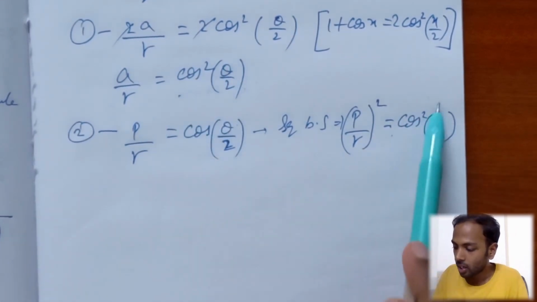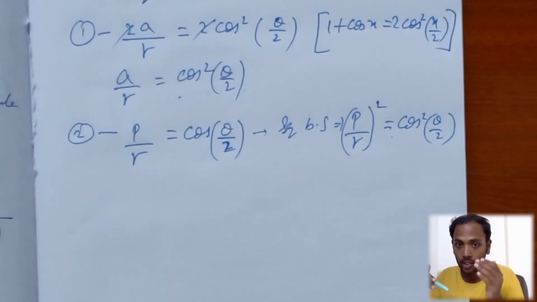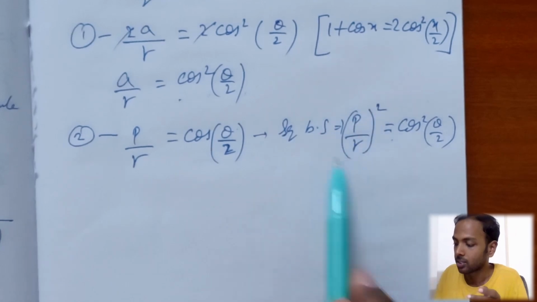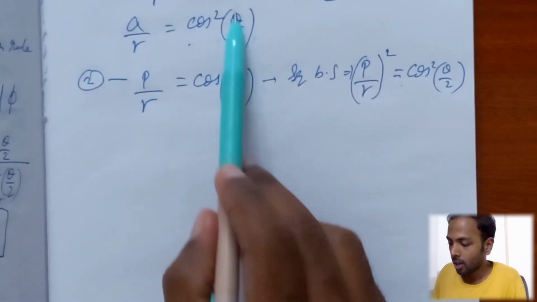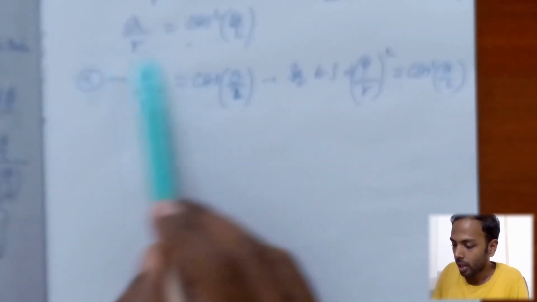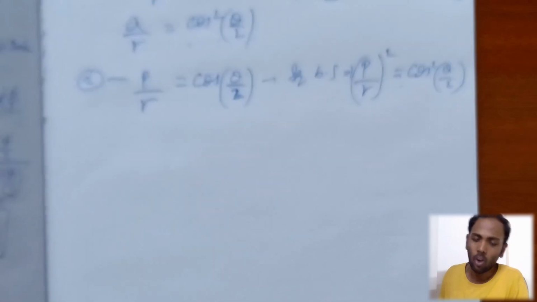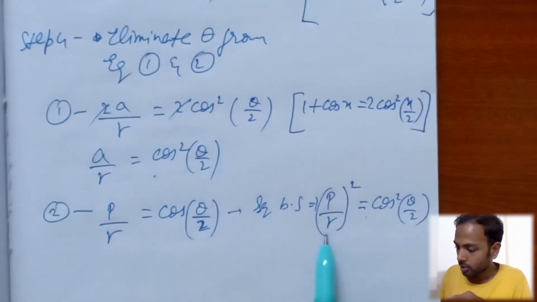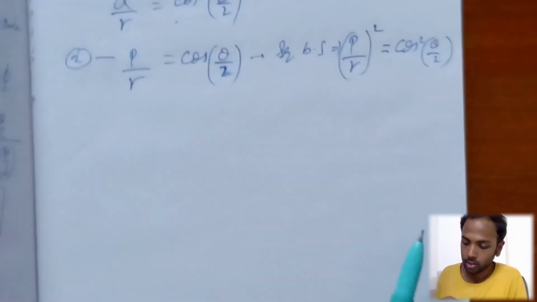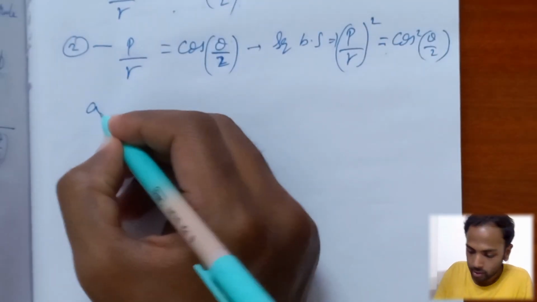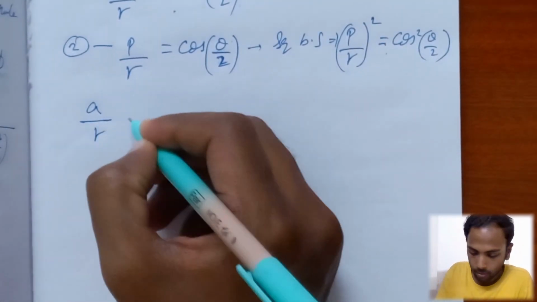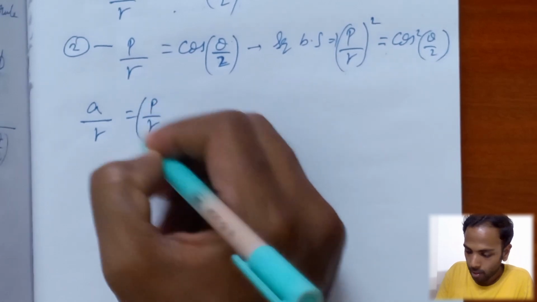Look here. I somehow made the RHS of this and the RHS of this equal. When the RHS of two equations are equal, I can equate the LHS. Am I right? So I have all the right to equate the LHS. Logically, that's what happens, right? So I can finally write a by r is nothing but p by r whole square.